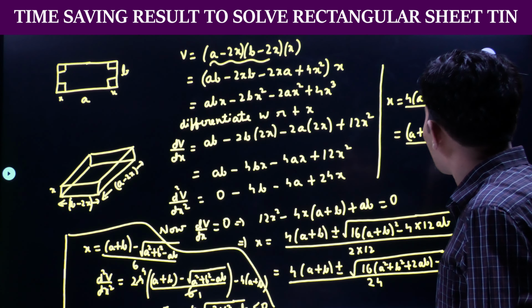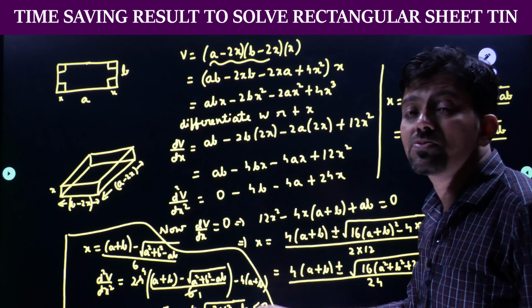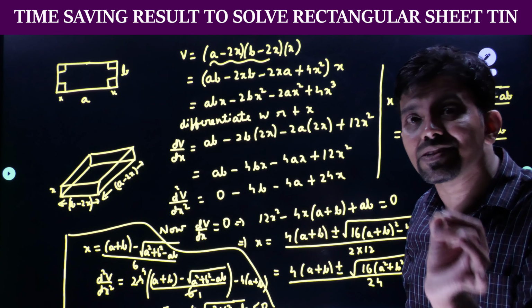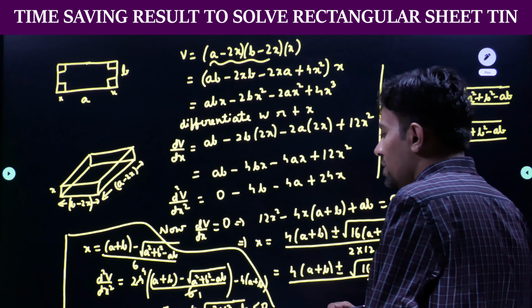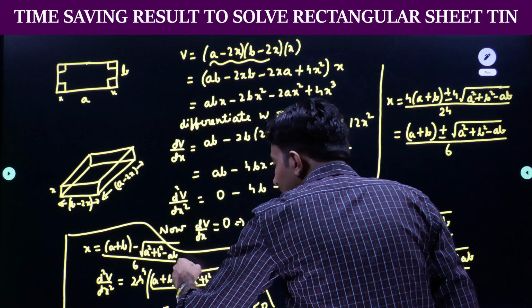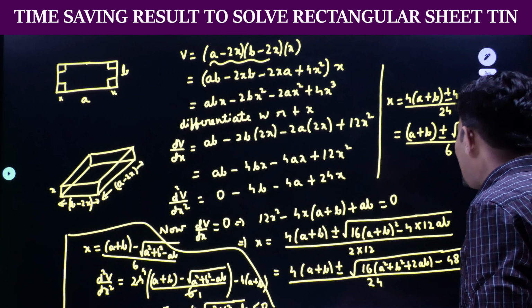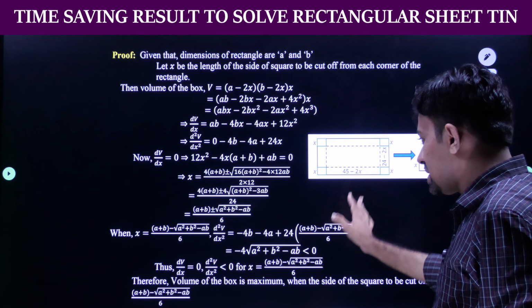I take the negative value between these two terms, so that the second derivative is negative and the condition for maxima is satisfied. First derivative equal to 0 and second derivative negative, the volume becomes maximum. Correct? 6 1s are, 6 4s cancels. 4 into a plus b cancels. Minus 4 times root of a square plus b square minus ab. That's the answer. Okay. The solution is given to you here.